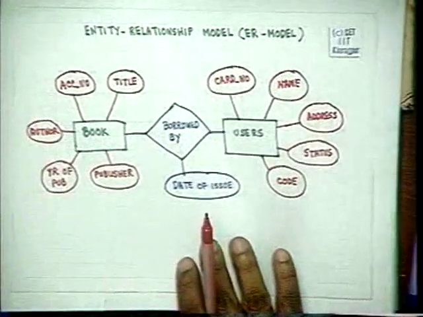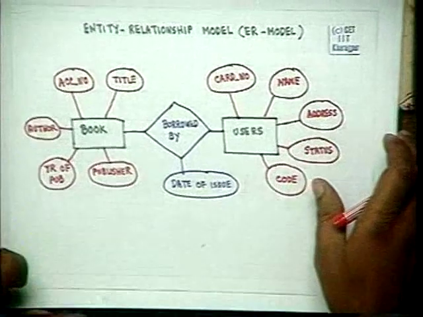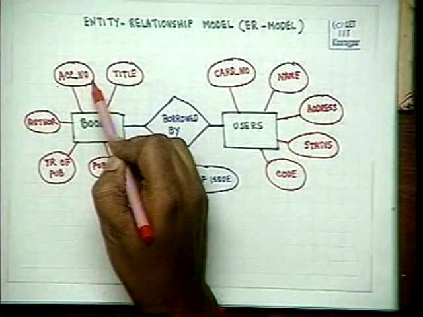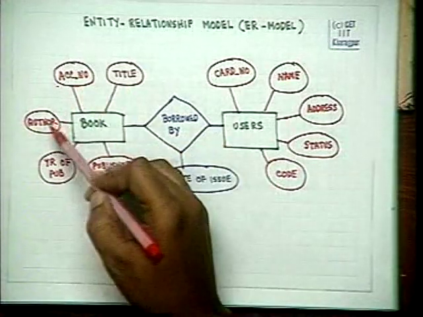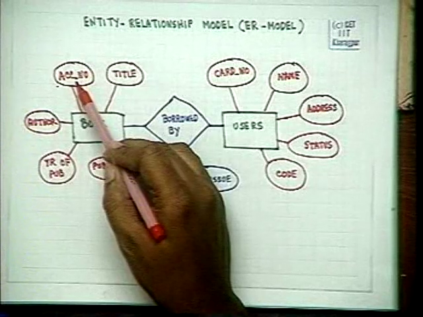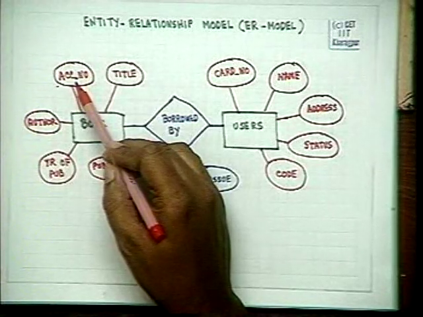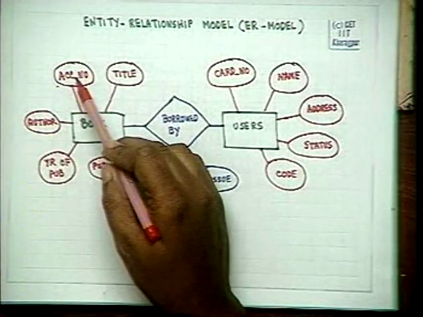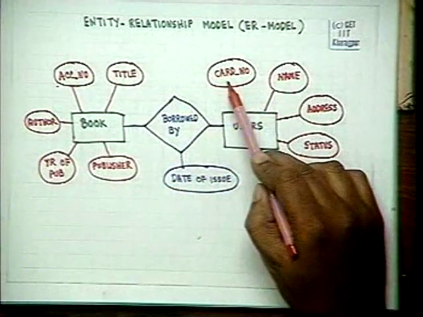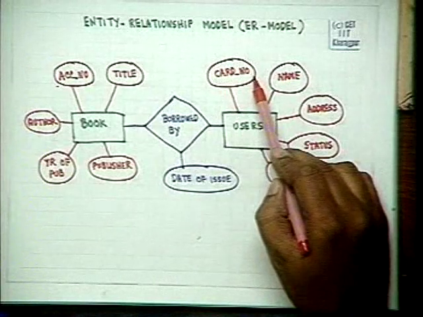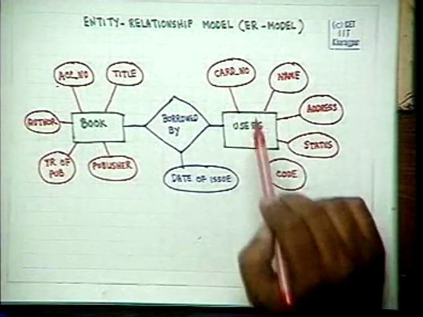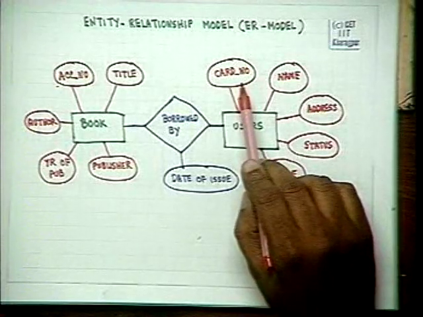For example, even in the entity relationship model, you know that the accession number being known, this becomes unique. No two books can have the same accession number. So, that means if the accession number is known, then all of them become unique. Here also the card number being known, you will know the name and address. Obviously, two users will not have the same card number.